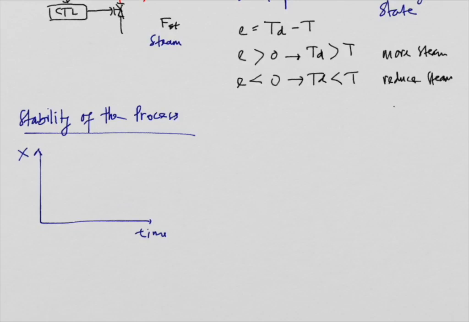X can be maybe temperature or concentration or flow rate. In this situation, from the initial time to t0, this is the steady state condition. The system is in steady state, and this is the steady state value.